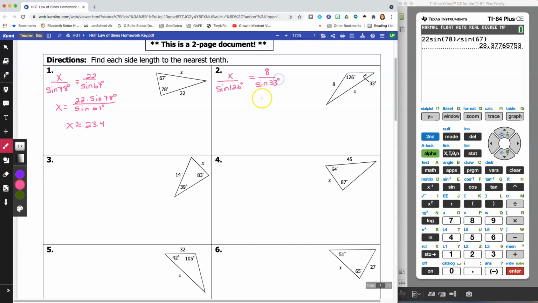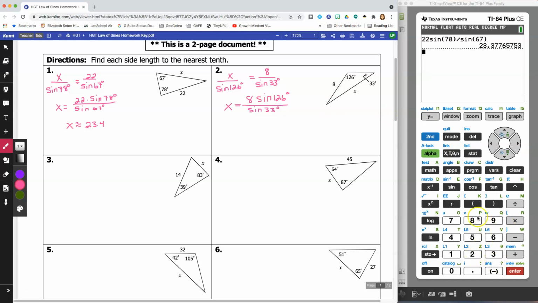I do this because I have fewer steps in solving for x. Now I just multiply both sides of the equation by the sine of 126 degrees. So x is equal to 8 times the sine of 126 degrees divided by the sine of 33 degrees.